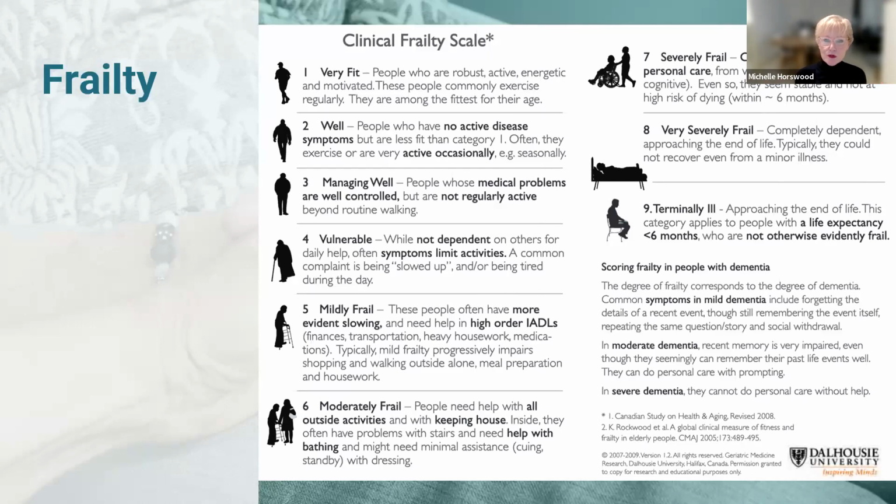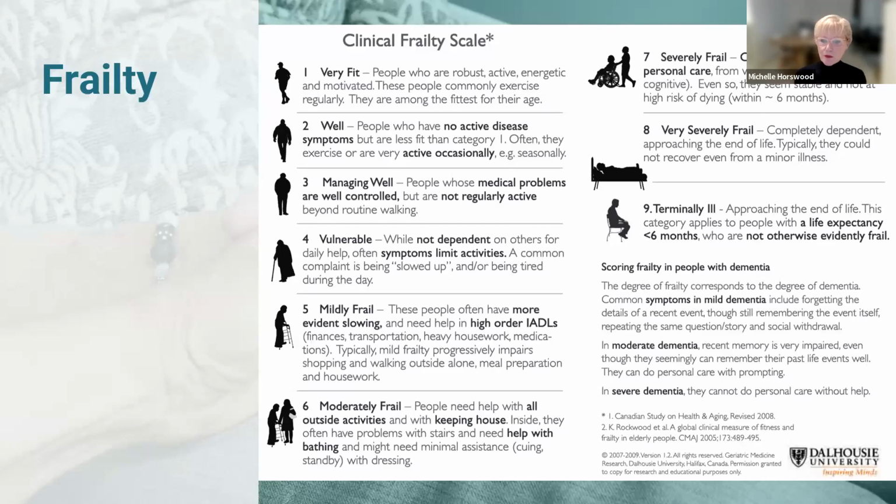So if you look at this scale, for example, and you can think about it quite quickly, you've got the very fit person, someone who I hope I'm like at 75: robust, active, energetic, motivated, they exercise, they have lots of social activities. And then you compare it to somebody who we would consider, say, number 5, mildly frail.